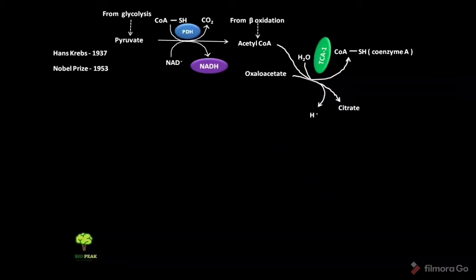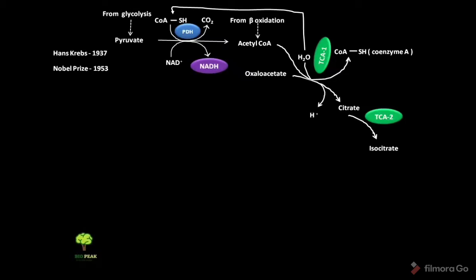The H2O can hydrolyze the coenzyme A. This citrate is then converted to isocitrate. This step is named TCA2 and is catalyzed by aconitase.